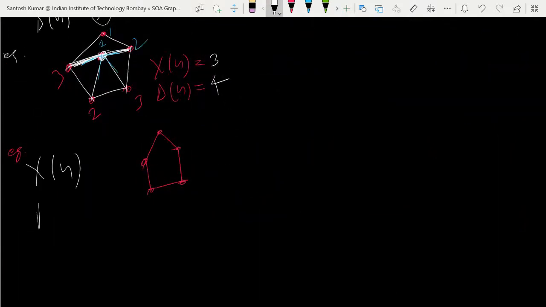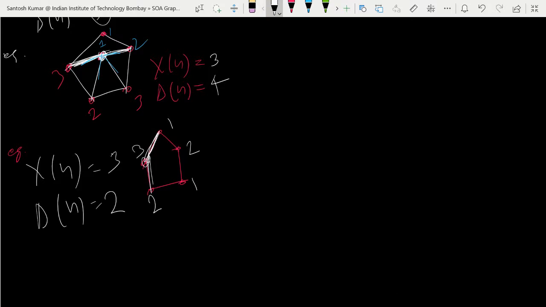So chromatic number and degree. Chromatic number 2, degree 2. Chromatic number: 1, 2, 1, 2. This vertex is adjacent to both 1 and 2, so I have to take 3.